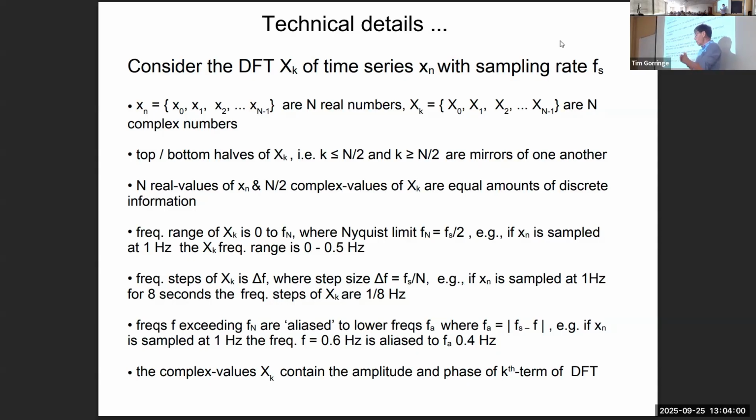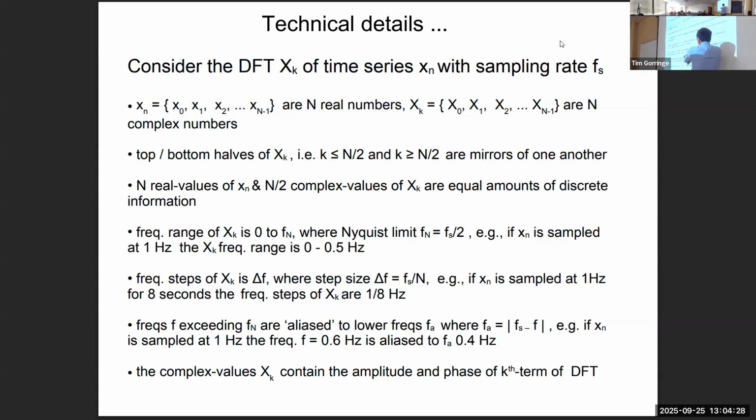It's not 1 hertz, the sampling rate, but half a hertz. That's the highest frequency I see. So the range of the frequencies is from 0 to the Nyquist limit, which is 1/2 of the sampling rate. If I was sampling at 1 hertz, my frequency range is 0 to half a hertz.